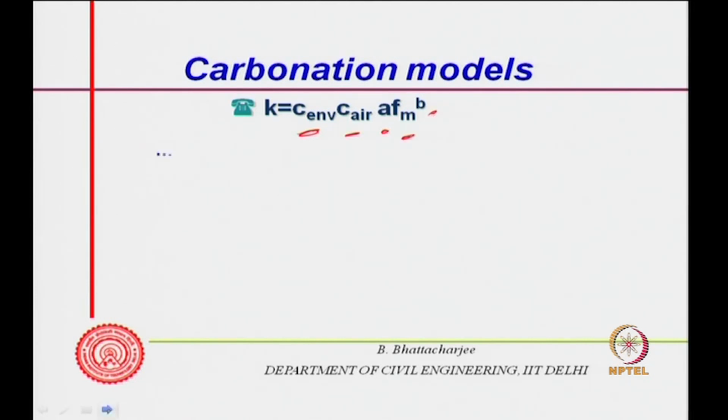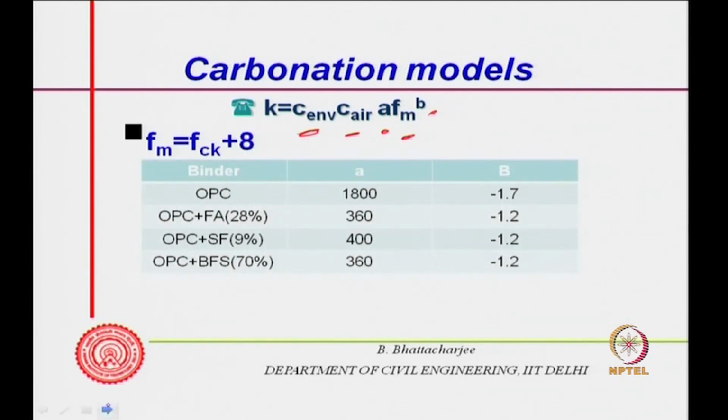So, C environment and C air we have talked about. Now, Fm is equal to Fck plus 8. So, it is the mean strength, actually one can take it that way. A and B for different combinations of blended cementitious material and OPC are given. For example, with Fm to the power B, for OPC A is 1800.